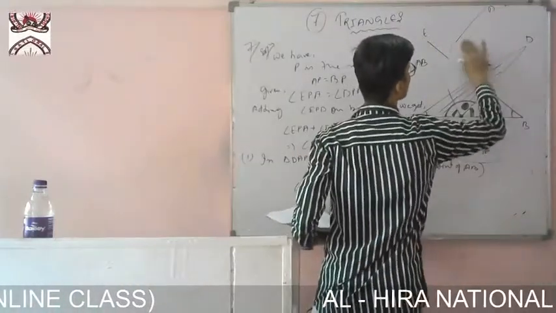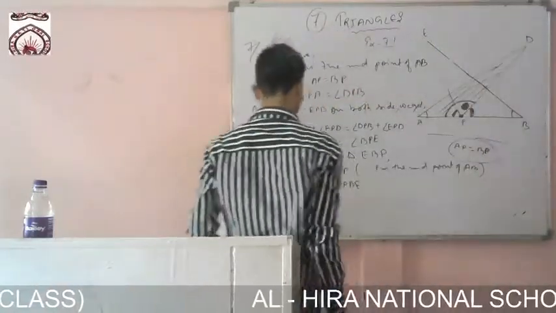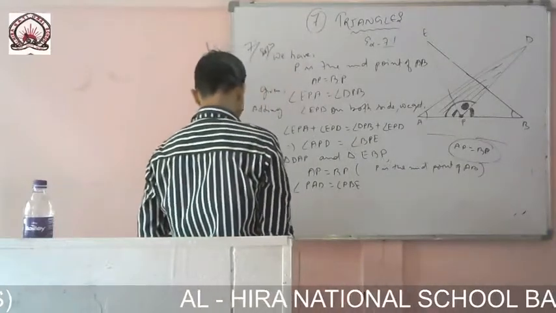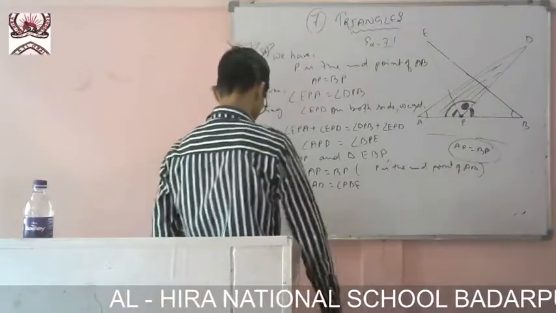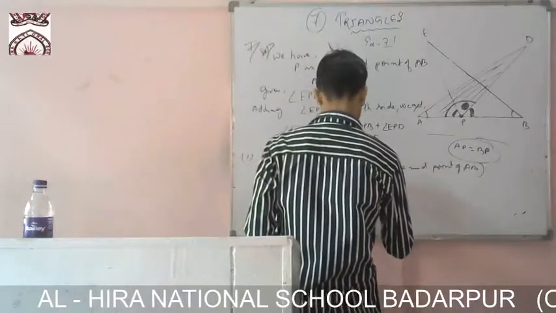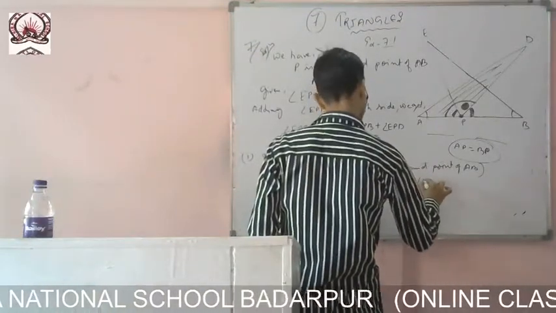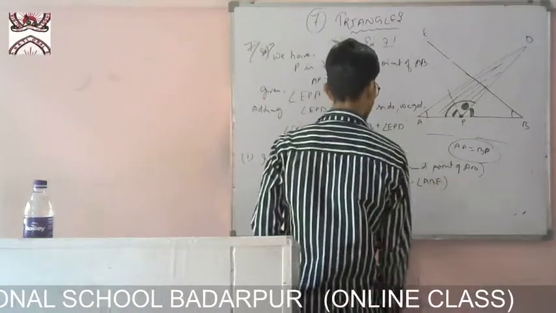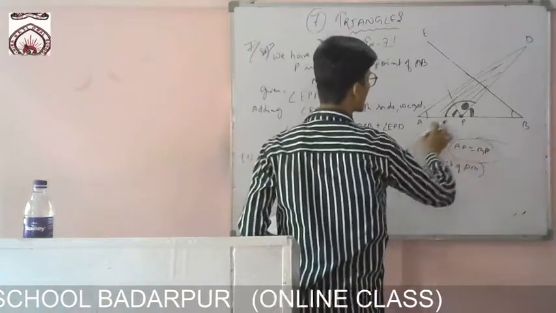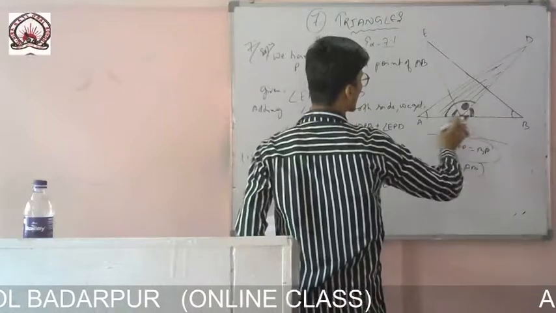So PAD is equal to angle PBE, and the reason will be since angle BAD is equal to angle ABE. These two whole angles are equal.